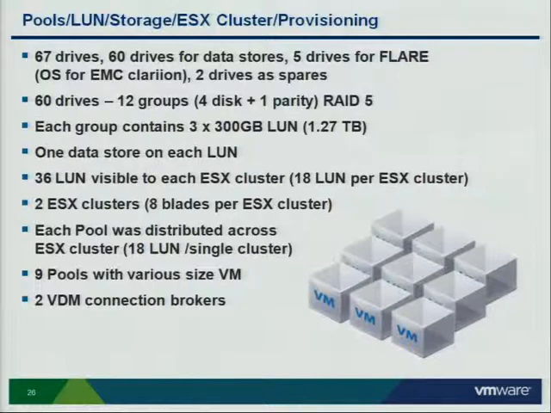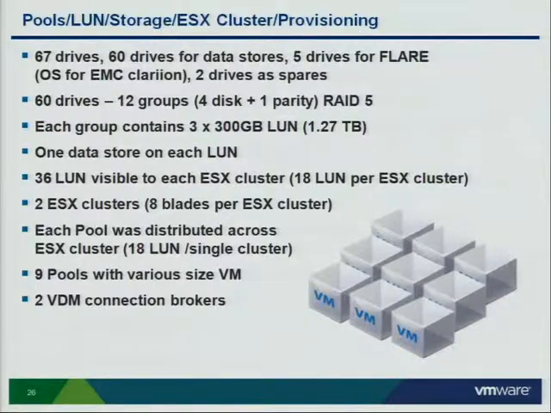We had 2 clusters of 8 blades each, and we ended up with 18 LUNs. So we balanced it across the 2 clusters, and we created those 9 pools. The 9 pools are those Active Directory pools that you saw on the crib sheet earlier, and that's what maps into those pools.